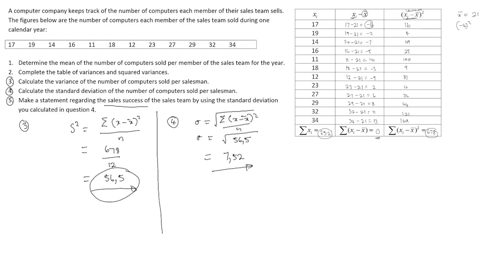So we can say most members of the sales team have sales numbers close to the mean of the team. 7 of them have sales numbers that lie within the standard deviation of 7.52 from the mean, 21, sorry. As a group, the sales team, if you look at 7, it's more than a half, performed well.